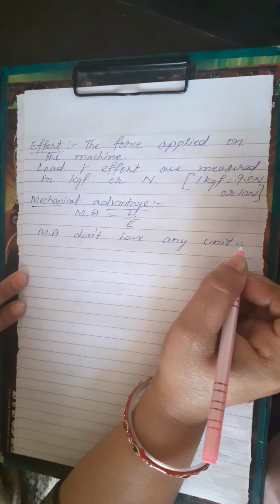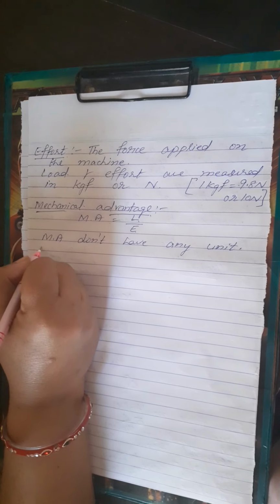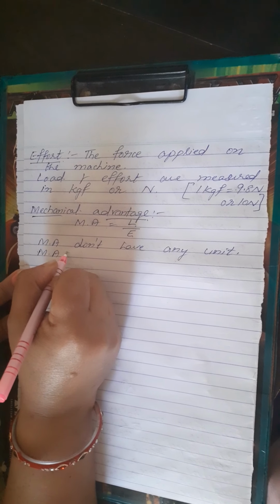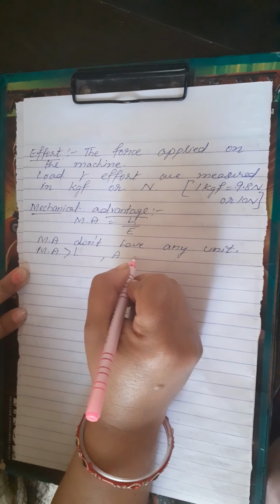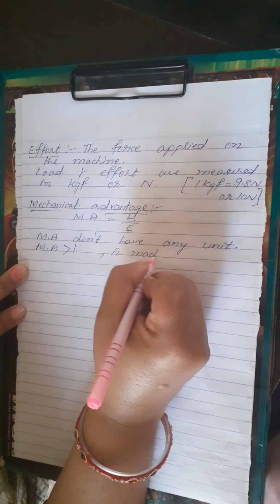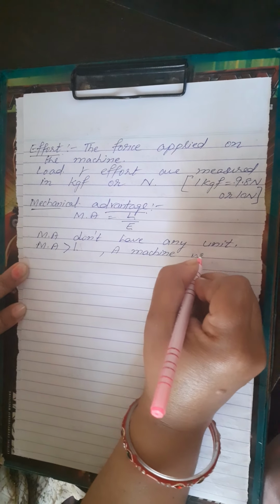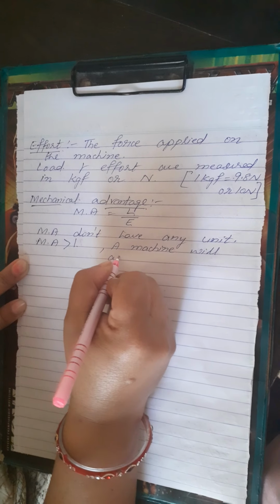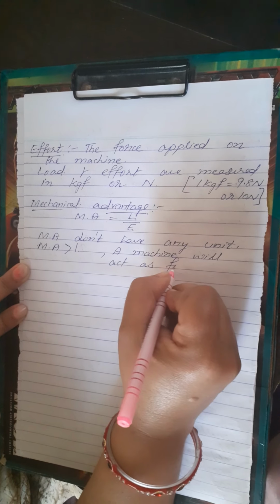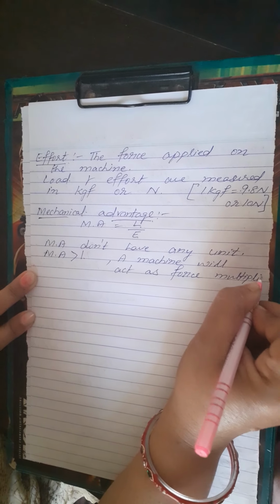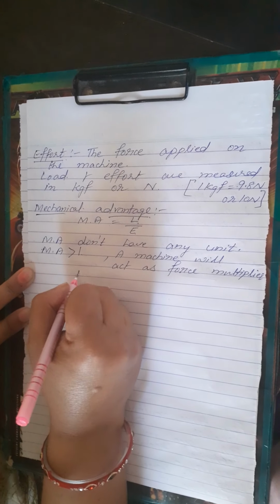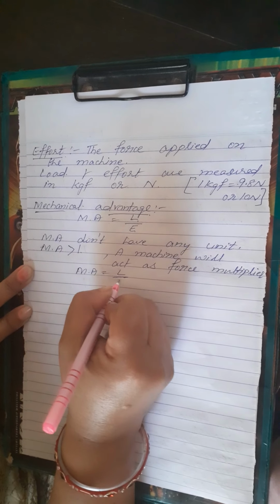Then afterward you have to remember, if mechanical advantage is greater than 1, then a machine will act as a force multiplier. For that, beta, the formula we know: mechanical advantage is equal to load over effort.